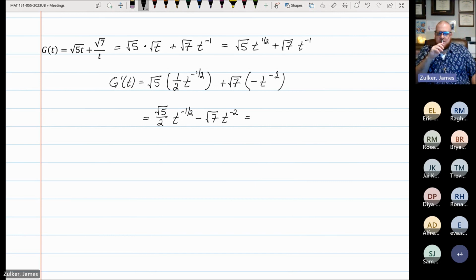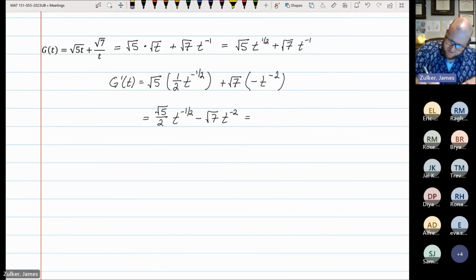How do I want to proceed here? Oh, I don't need to worry about writing as a single fraction because the problem didn't.